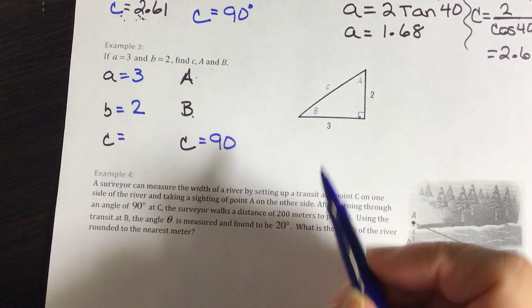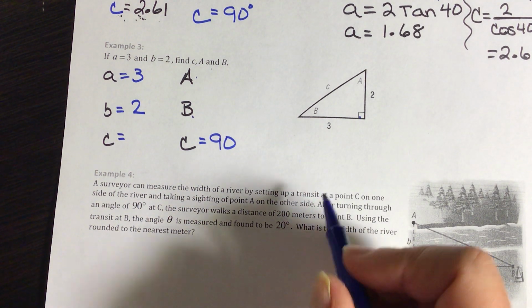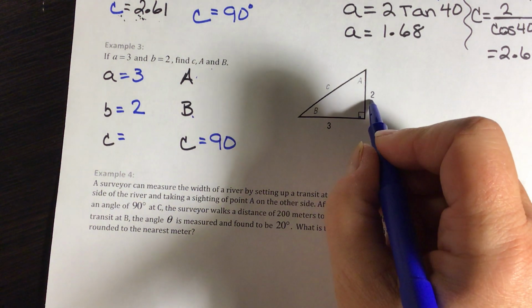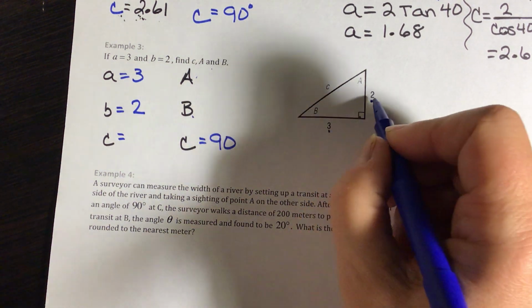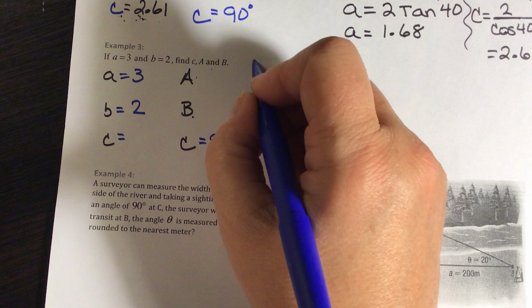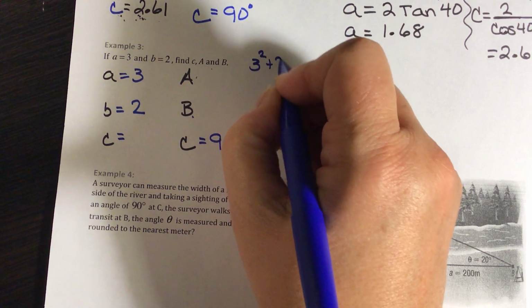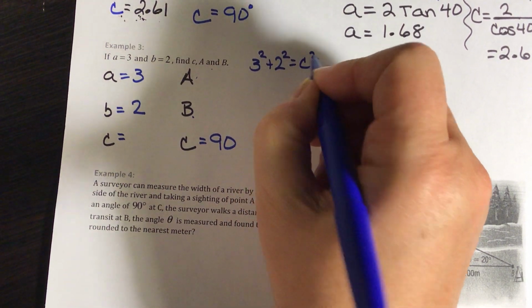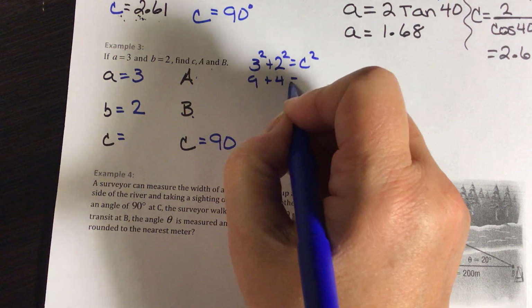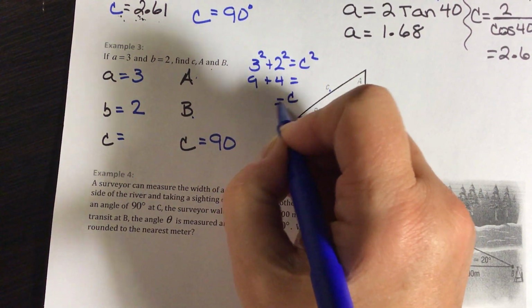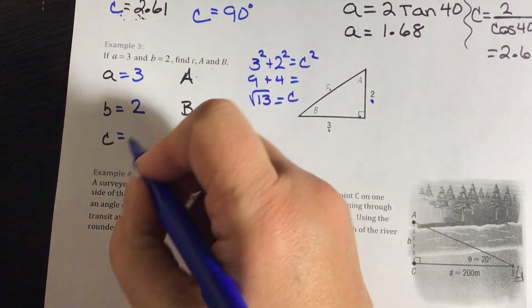Well, side C I can do with the Pythagorean theorem, where I have 3 squared plus 2 squared equals C squared. So this is 9 plus 4, so C is the square root of 13.